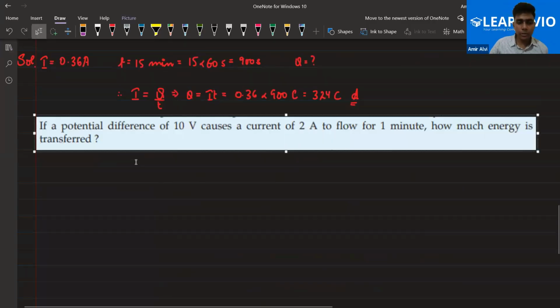Please do this question and let me know the answer. This would be the last question for this class.